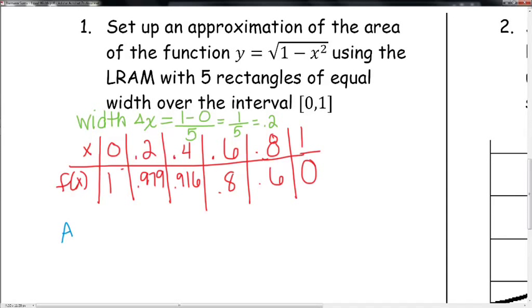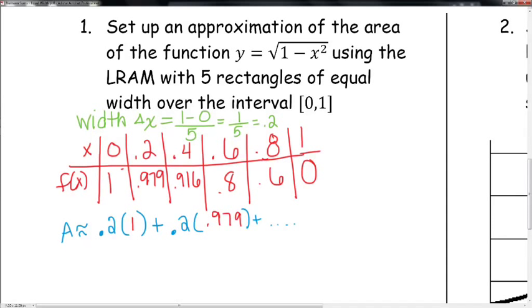So my area is approximately my width, 0.2, times my height, which is 1, plus my width, again 0.2, times my height, 0.979, plus and so on.